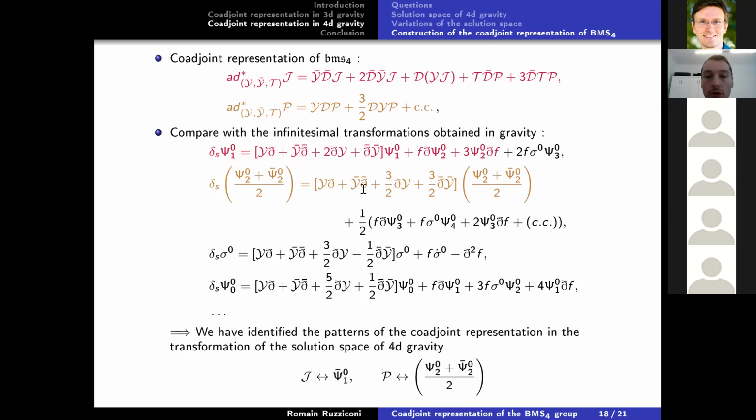Furthermore, in the transformation of the mass, you see that you also have some patterns of the coadjoint representation that appear. So what we have done here is to identify precisely the patterns of the coadjoint representation of BMS4 in the transformation of the solution space.